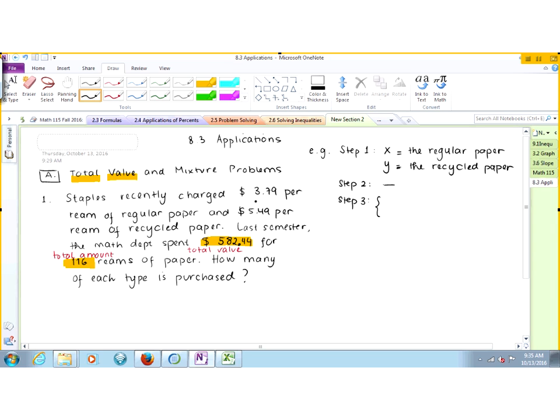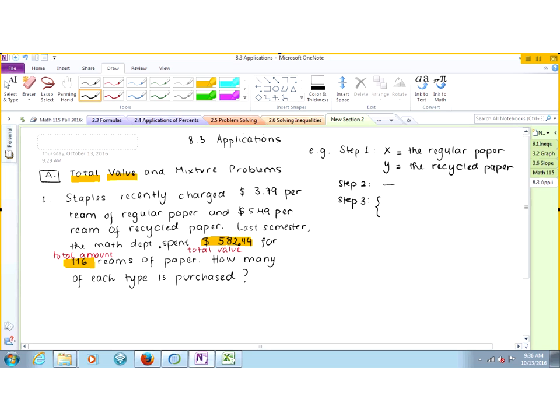Are you guys confused? So let's read this. You have two types of paper. What are the prices? $3.79 and $5.49. And then last semester, what happened? They spent the total value of $582 something for 116 reams of paper. Do I know the total value, the total amount?